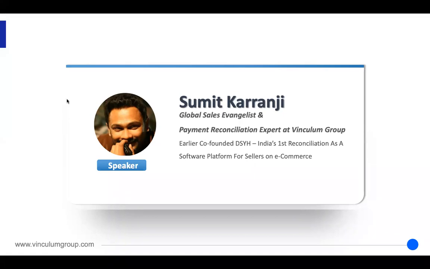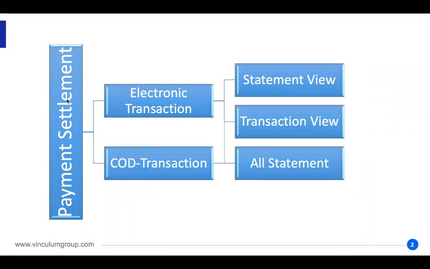And in case you need to do a manual reconciliation, there are ways to do that. There are tools inside Amazon Seller Central itself which will help you to do the reconciliation at least on a high level.